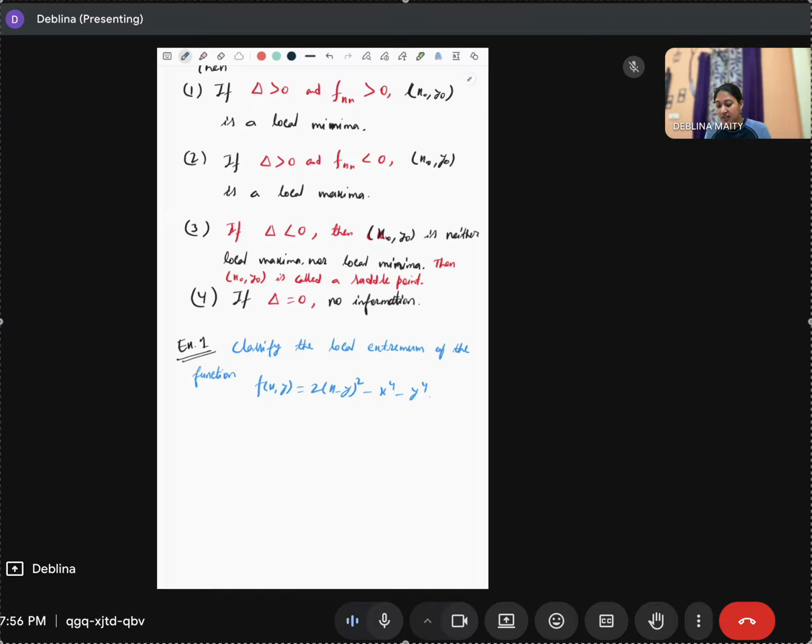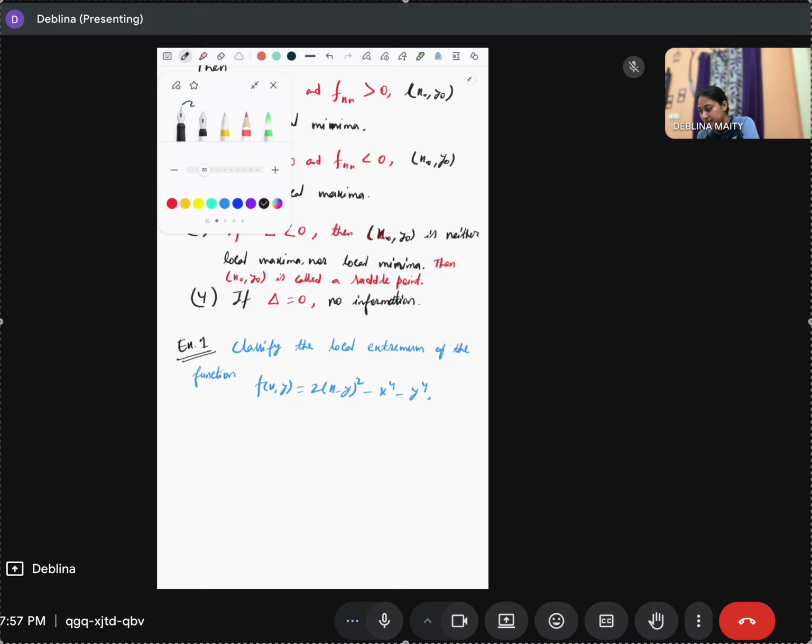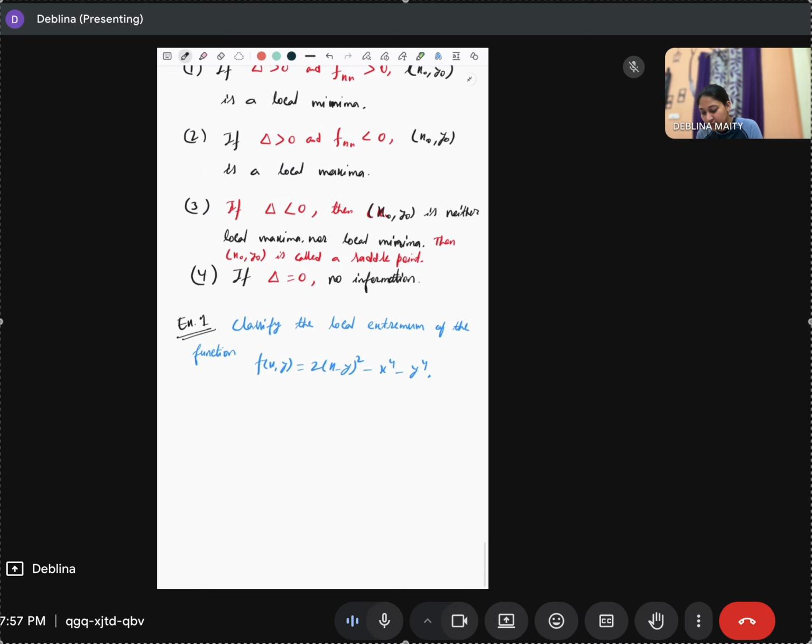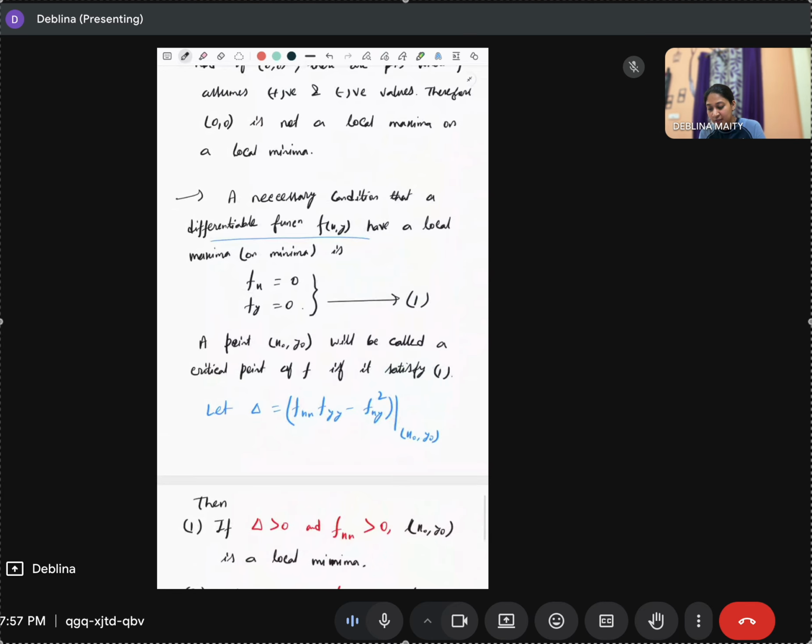So you have to find all the points where the local maxima or minimum occurs for this function. So first we have to find the critical points, right?